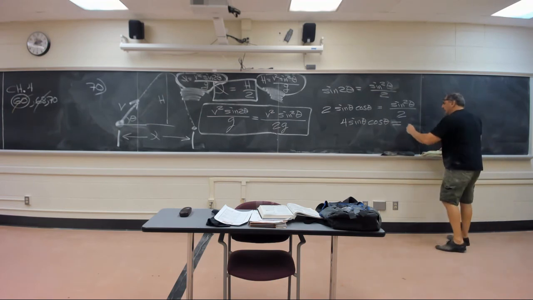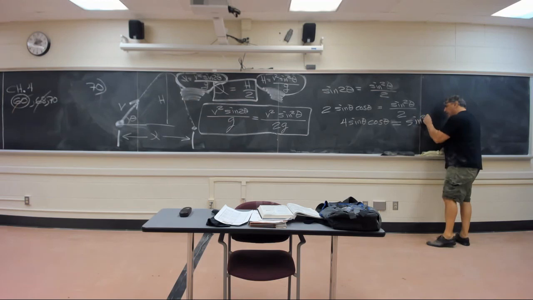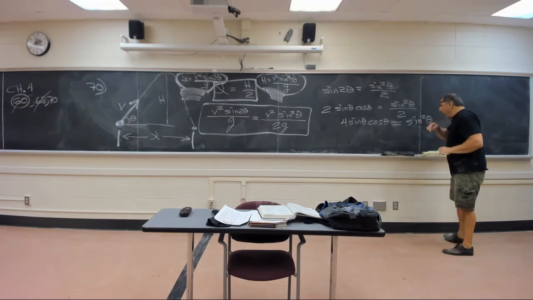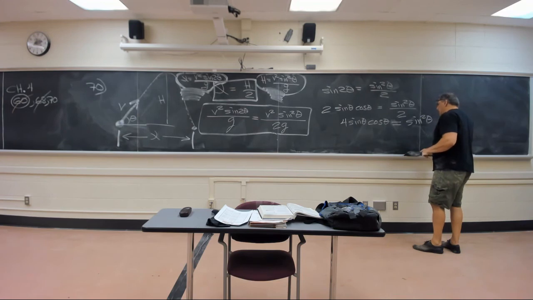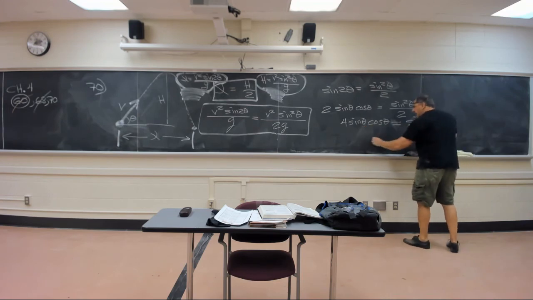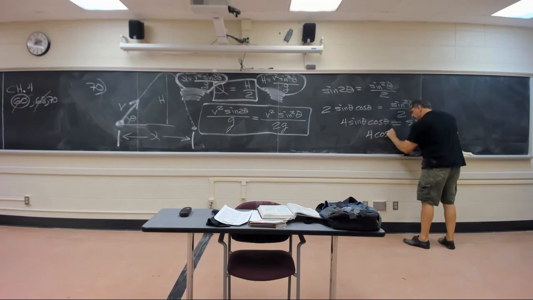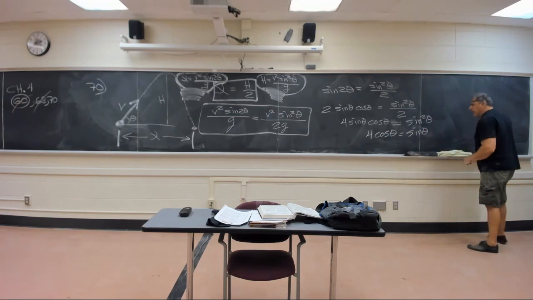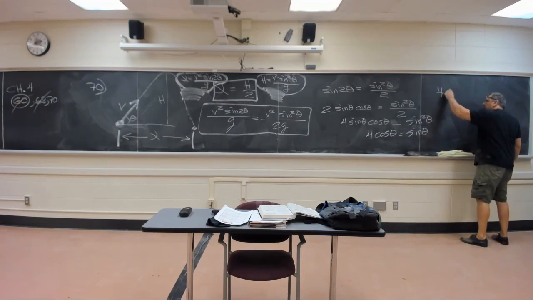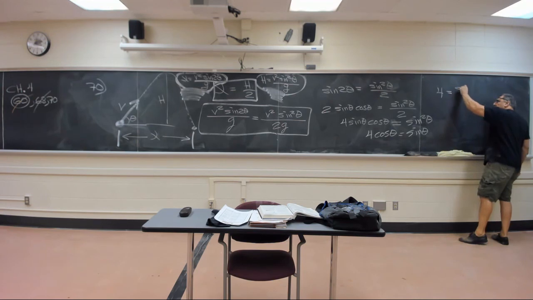Multiply by 2 on each side, you get down to here. Divide by the sine of theta on each side. Just slow it down a little bit. Divide by the sine of theta on each side. You got this. Divide by the cosine of theta on each side.